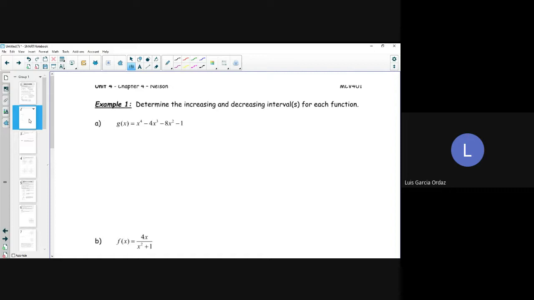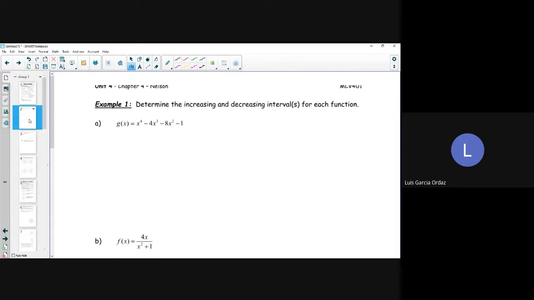So we are looking at our graph. G of x is equal to x^4 minus 4x^3 minus 8x squared minus 1. If we were to just factor out g of x, normally using synthetic division or long division, what does that accomplish for us?